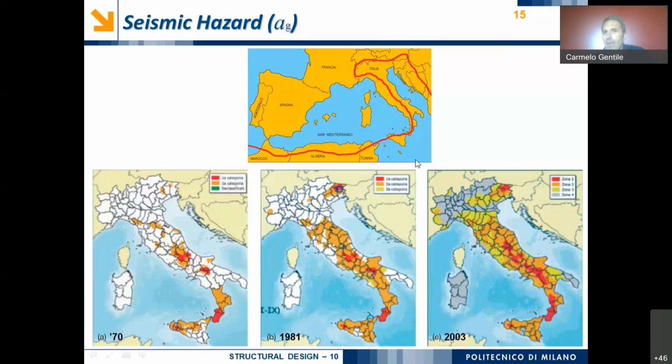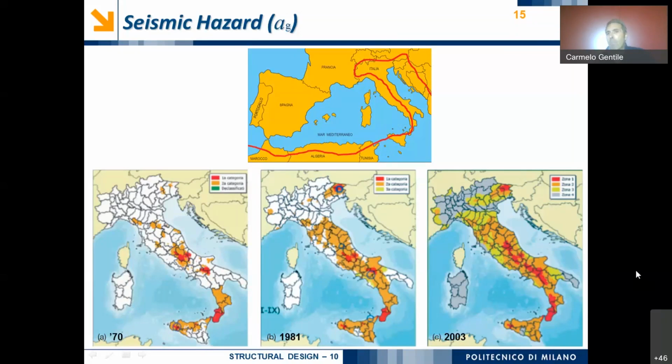For example, in Italy, we have a very large seismic network. If we look at the map of seismic hazard from the 70s until the 80s, until the beginning of the year 2000, you can see that the red and the orange regions in this map are changing.